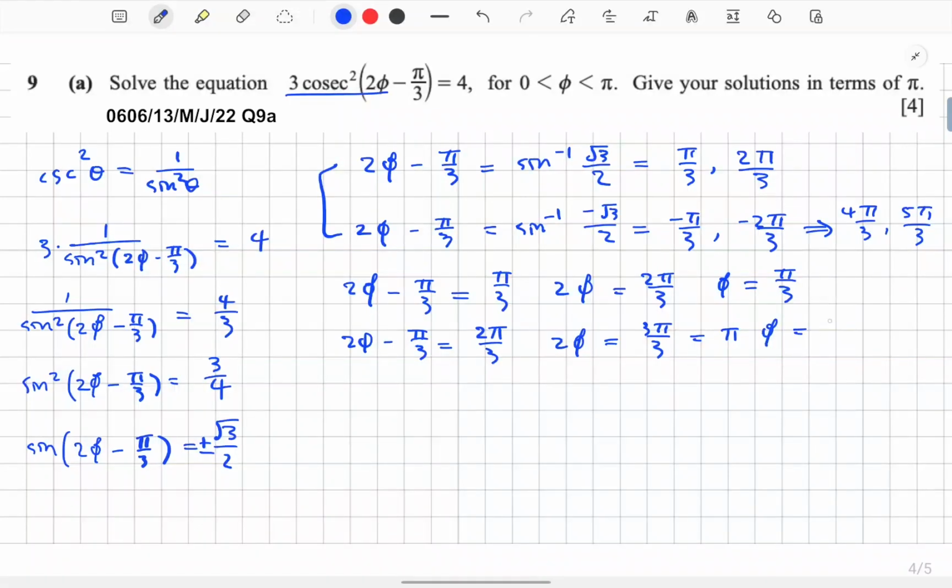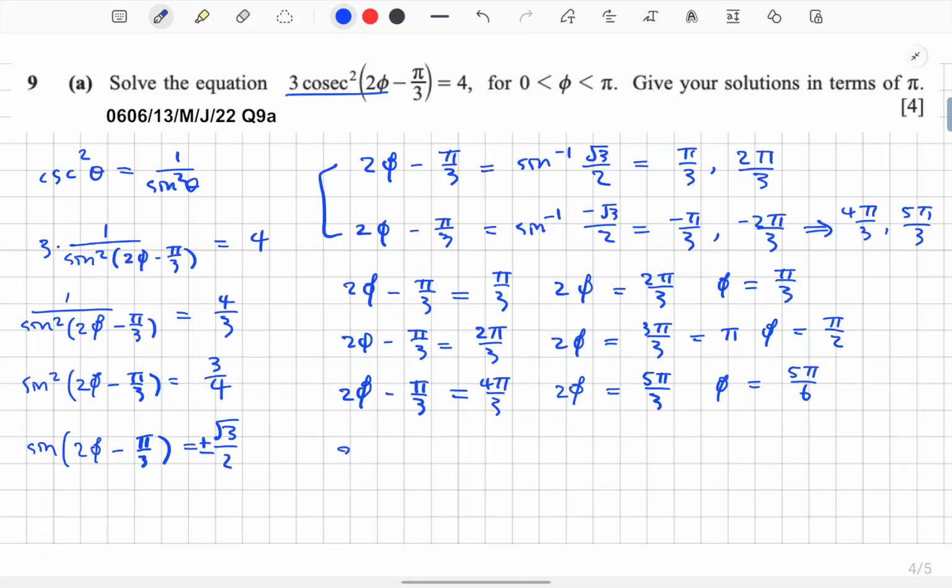So phi is pi over 2. The third one is this one, 4 pi over 3. 2 phi will be 5 pi over 3, and phi will be 5 pi over 6.